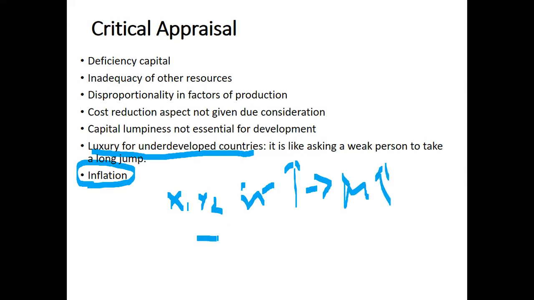As people get more money, aggregate demand will increase relative to aggregate supply, and that will definitely result in an increase in prices, or land the economy in what is called inflation. So these are the points of criticism leveled against the balanced growth strategy.